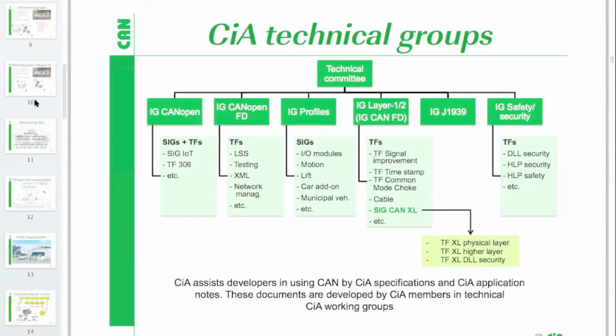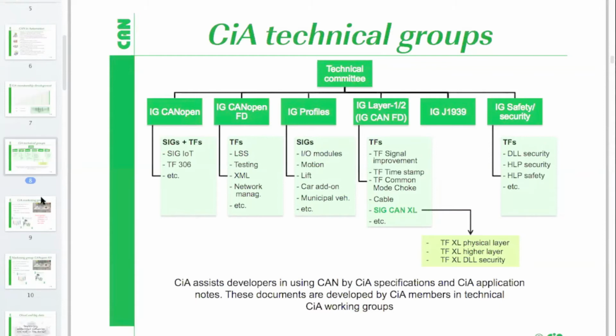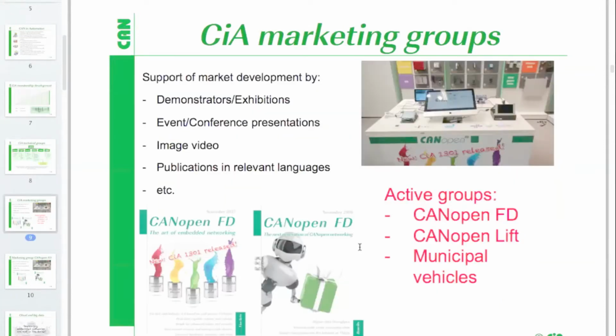On the other hand, especially triggered by our members, we have to decide how to spend the organization's money coming from our members to promote CAN-based technologies and assist our members in reaching their goals, opening new markets and developing their products within certain markets.